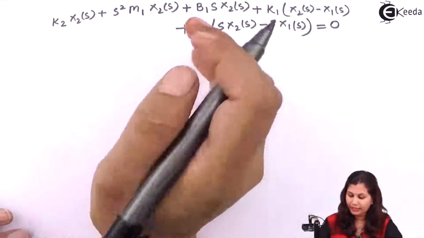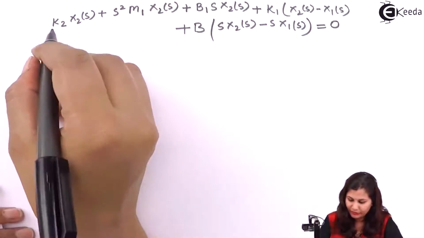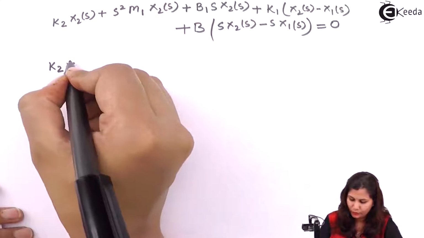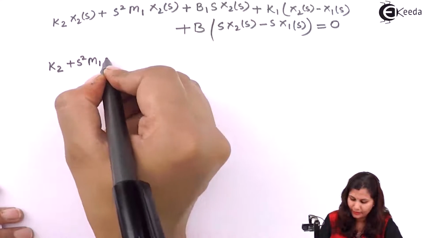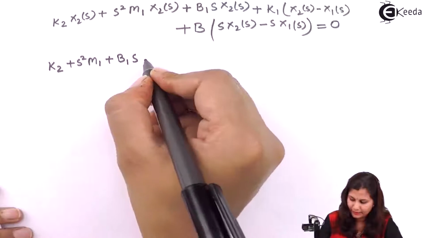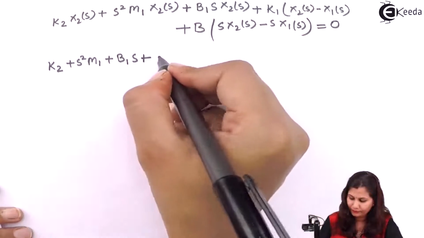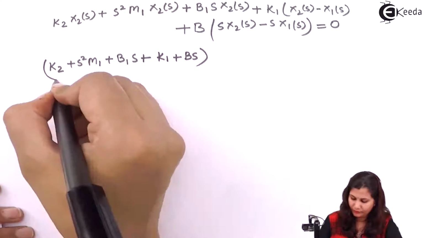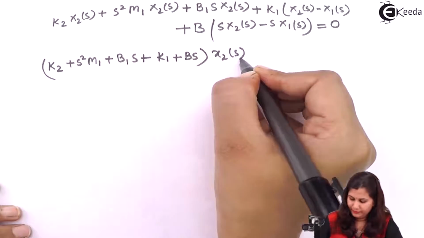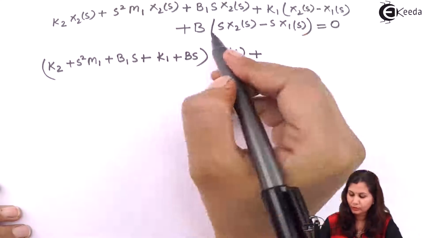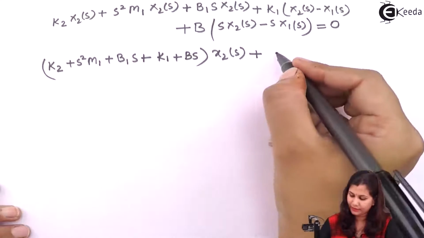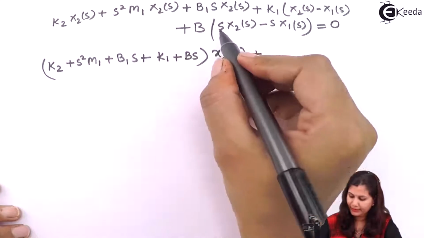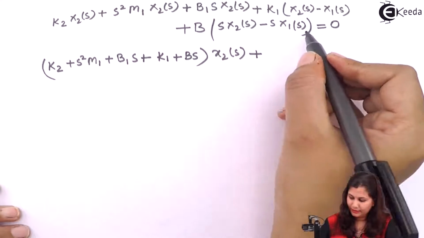So if we collect the terms, first collect X2(s), so we will get k2 plus s square m1 plus b1 s. Now collect for x1, we have this term k1, and here we have minus bs, X1(s).